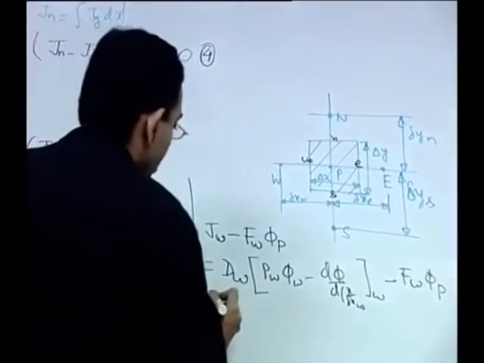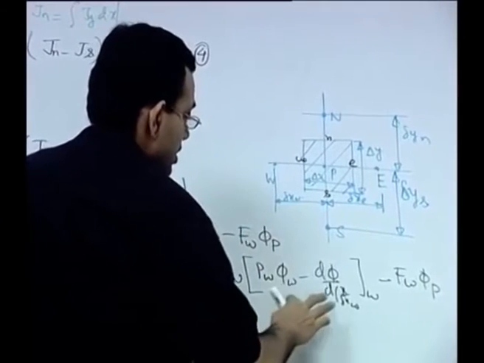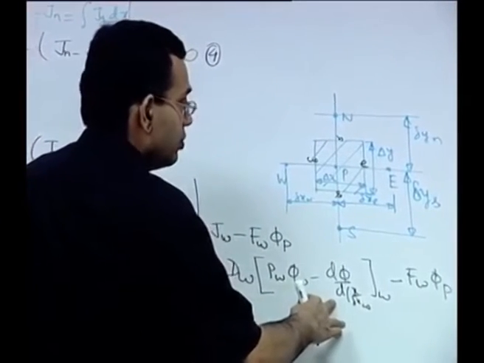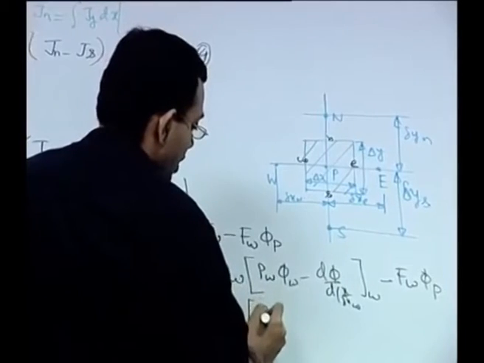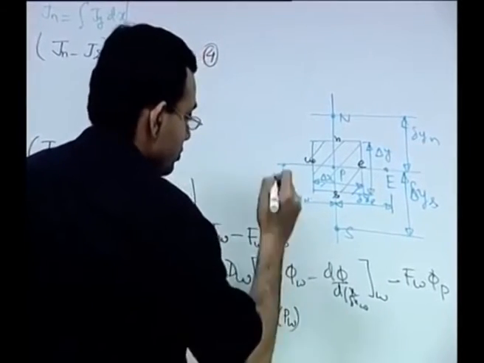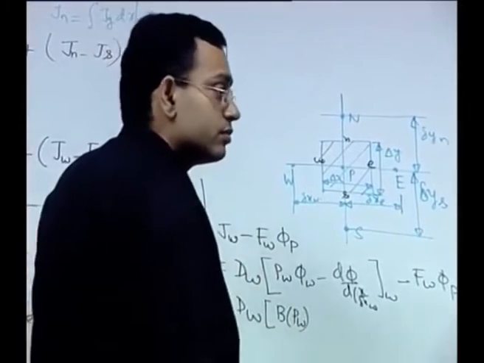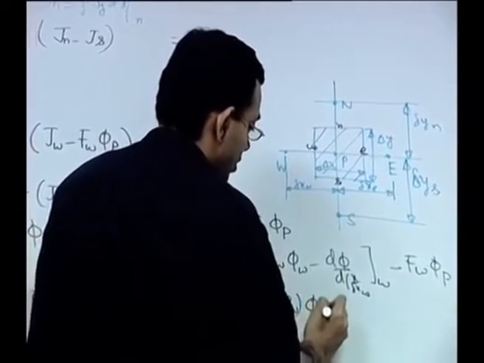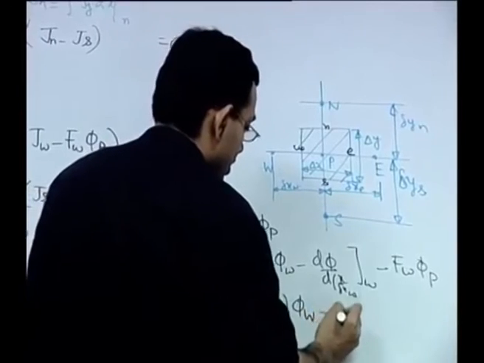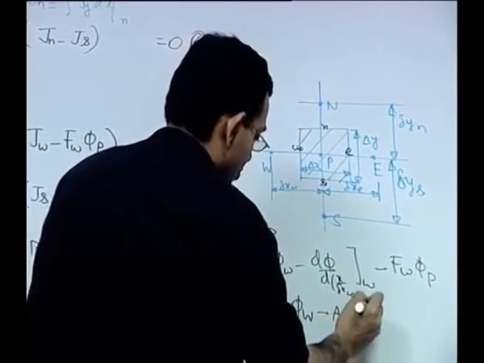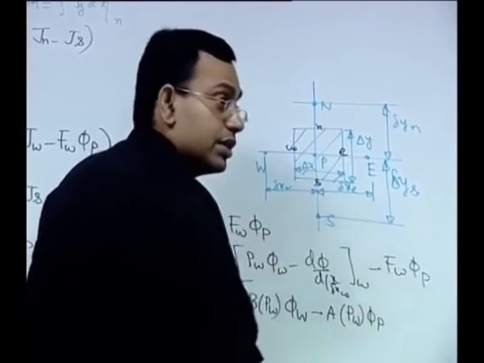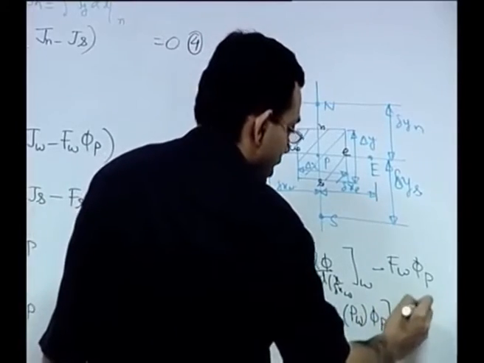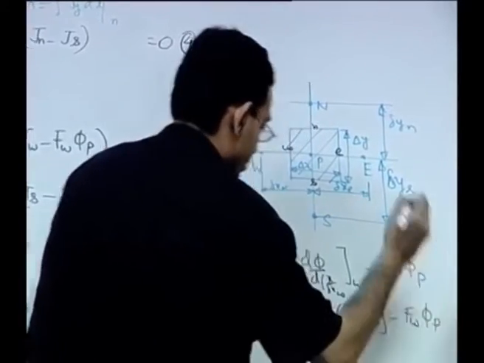So, this is dW, this is J star at small w. So, B Pw phi capital W minus A Pw phi capital P minus Fw phi p.